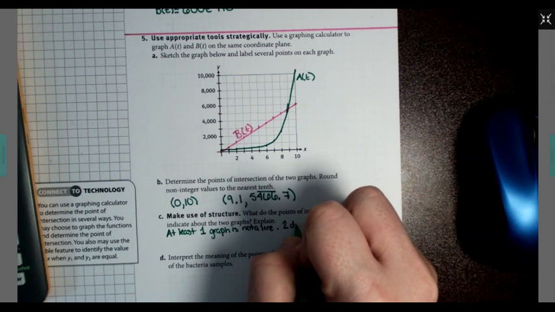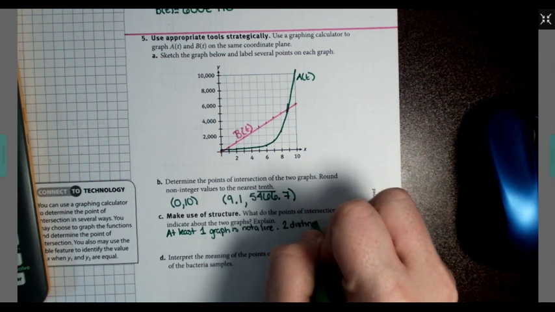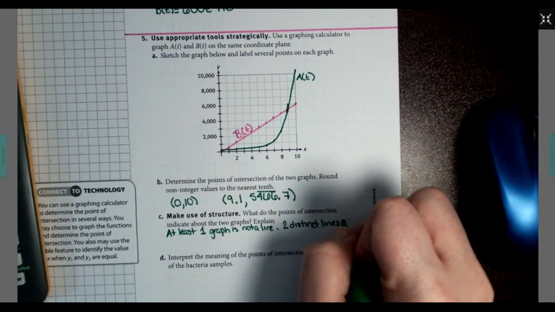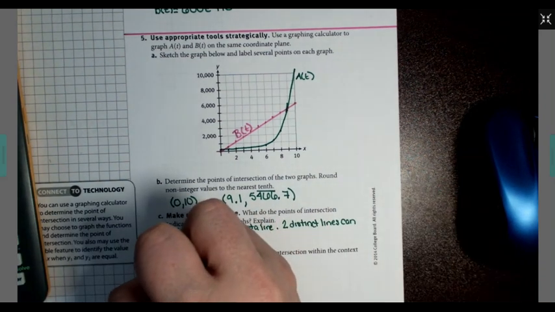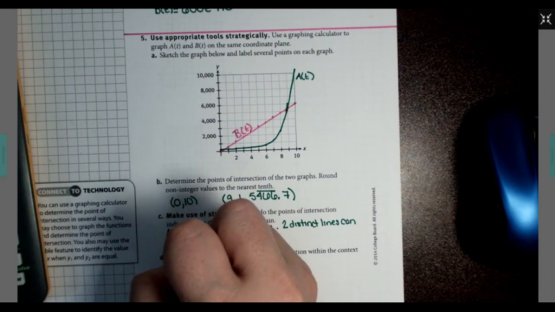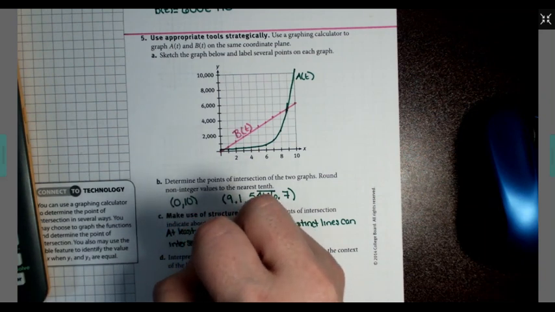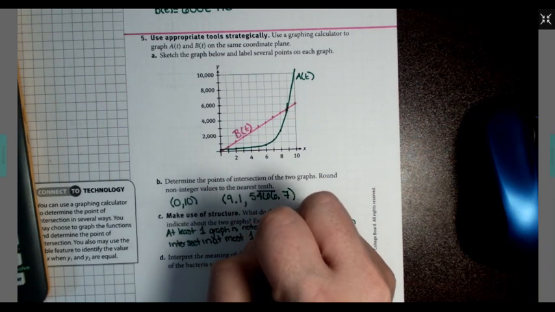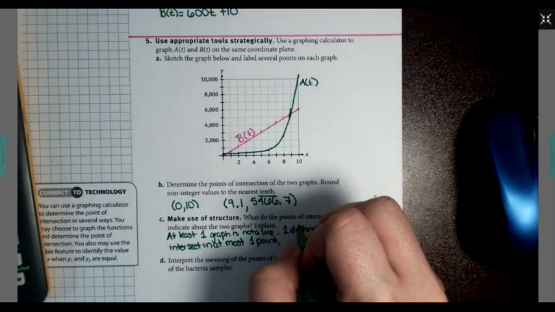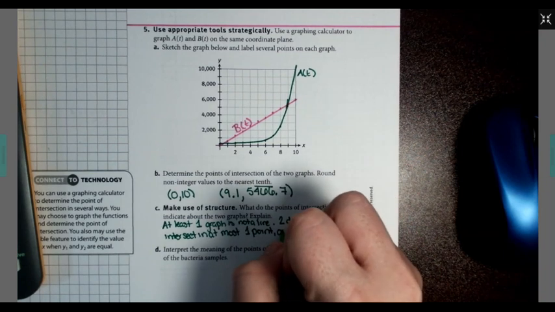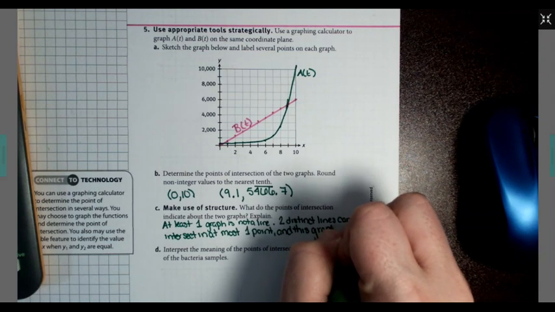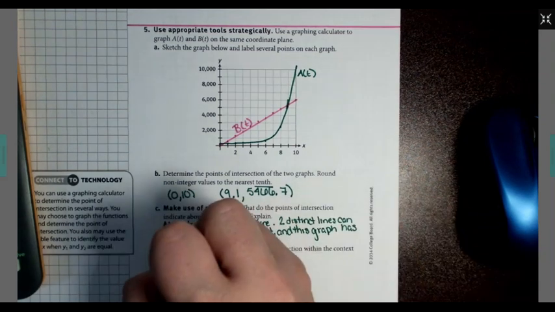Two distinct lines can intersect in at most one point. And this graph has two intersection points.